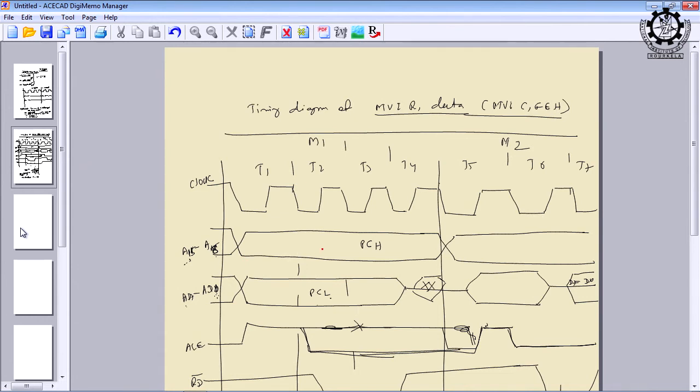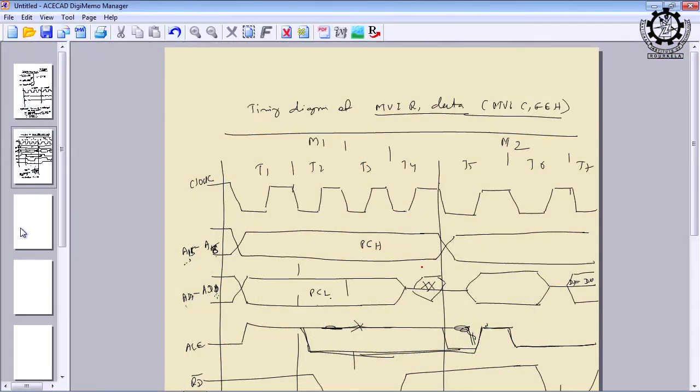Is it okay? That means now we can get the memory location where the opcode is available. And to make that opcode available on the data bus, we can show in the same machine cycle during clock periods T3 and T4. That means within one machine cycle we have retrieved the first opcode, that is XX, and it is available from AD0 to AD7.